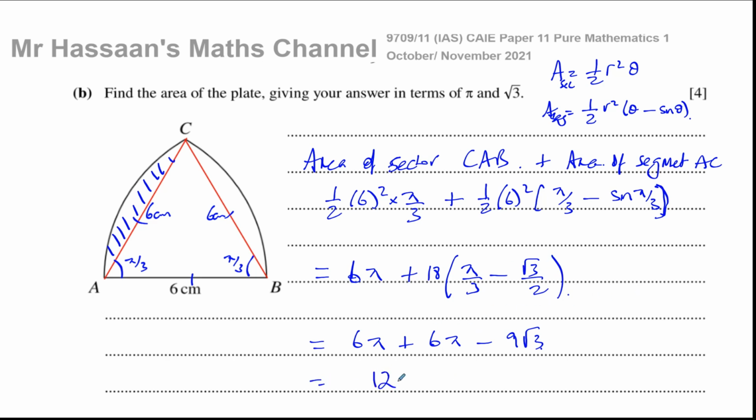So we have 12 pi minus 9 root 3, and there we have the answer in centimeters squared, in terms of pi and root 3. That's the answer to part B of this question.